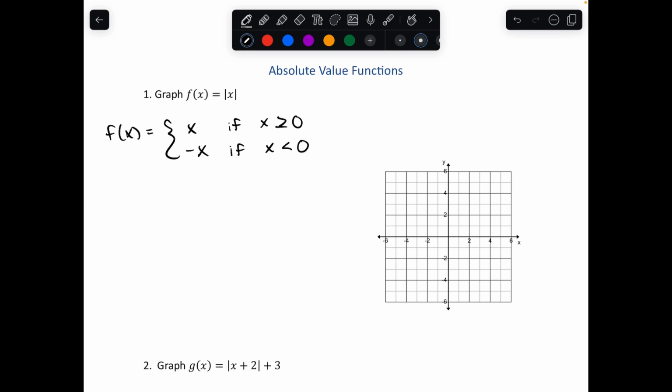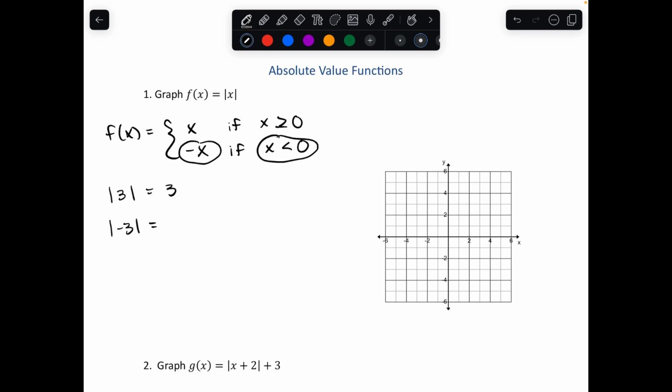So let's try this out in a couple numbers. The absolute value of positive 3 is going to be equal to 3 because I'm going to keep it the same. I'm going to do nothing to it if it's greater than 0. Let's try negative 3. So the absolute value of negative 3 is going to be equal to, well, what's my rule? My rule says that I'm going to use negative x if my x value is less than 0.